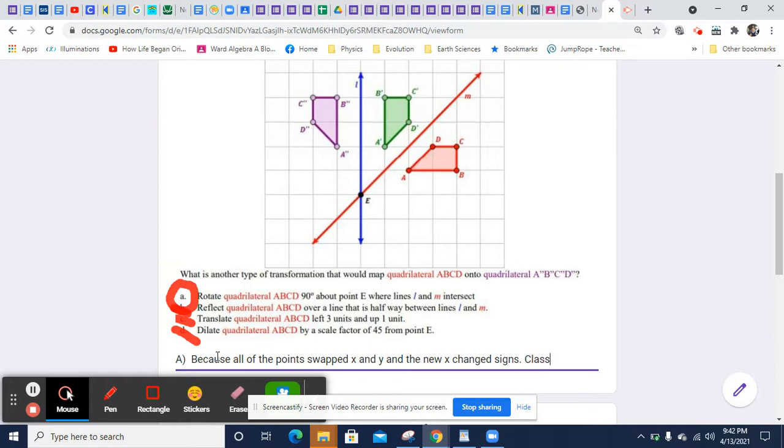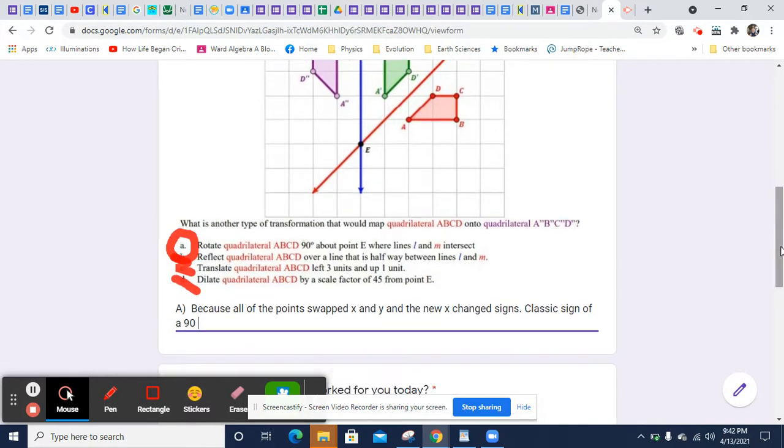Classic sign of a 90-degree rotation counterclockwise. All right, I hope that was helpful, and I will go ahead and stop.